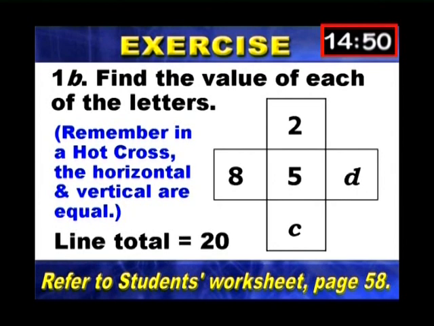For 1B, you have two letters, C and D, and your total is 20.